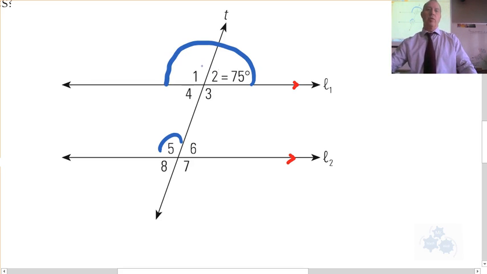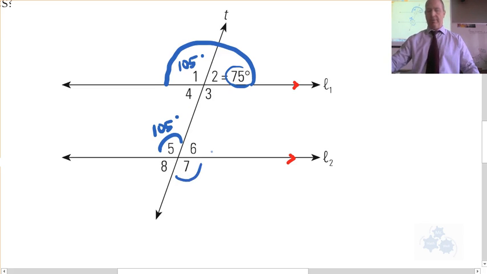Supplementary. So that means that 180 minus 75 is angle 1. And because angle 1 is equal to angle 5, angle 5 is also 105, and angle 7 is 105. Okay, very good.